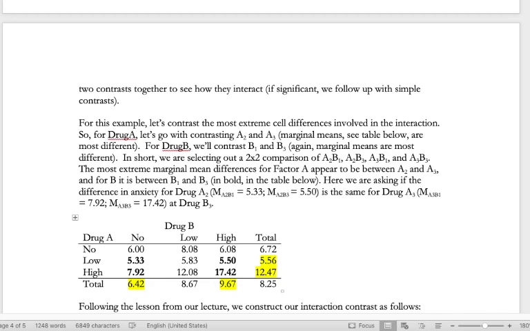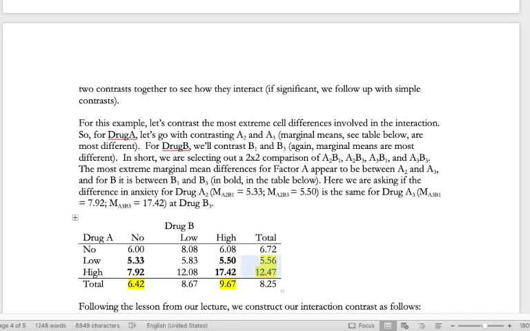Instead, we look at these marginal means. So this is saying, okay, what's the biggest difference here? Well, the lowest is for drug A, low dose, and the highest is for high dose. So let's compare these two.